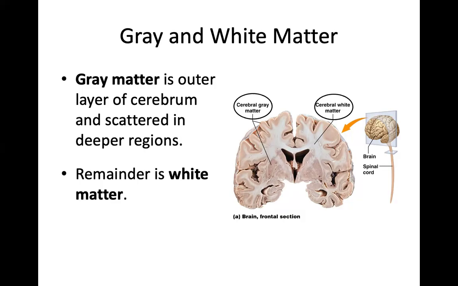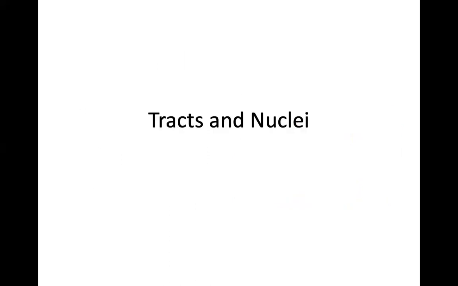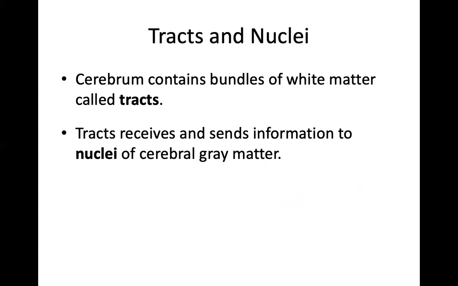And we know that gray matter is the unmyelinated nerve cell bodies and dendrites, whereas white matter is the myelinated nerves. The cerebrum contains bundles of white matter called tracts. In the peripheral nervous system, we call it nerve. Tracts receive and send information to the nuclei of the gray matter.